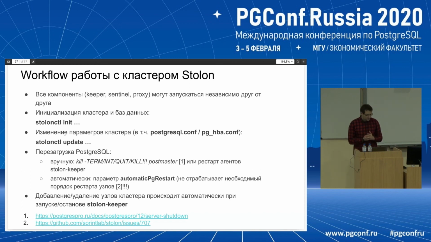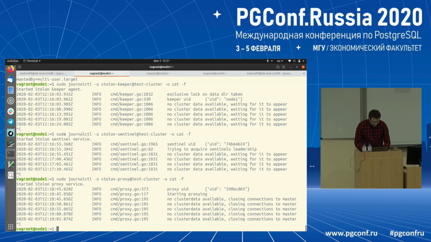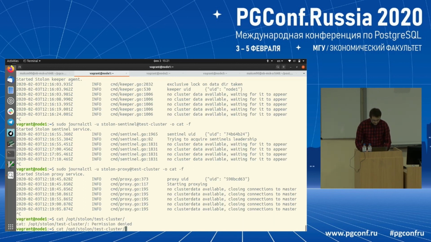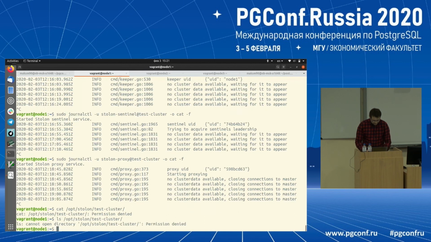So let's do the following thing. I will show you how to update HBA. So you can see in our catalog the clusters that we've chosen.